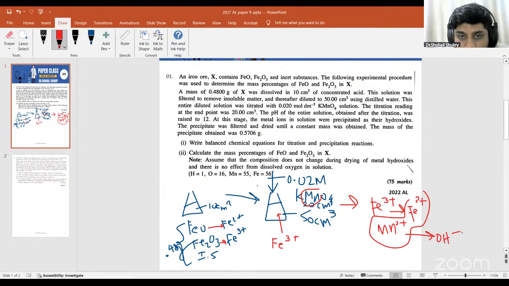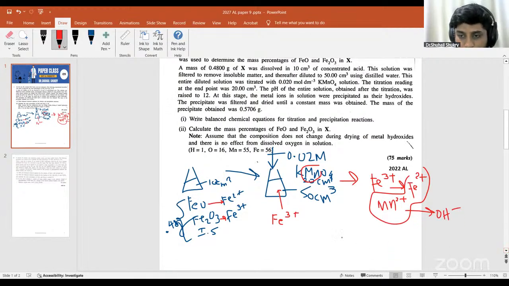Right? The mass of the precipitate obtained was 0.5706 gram. What is this mass? The mass of the precipitate obtained was 0.5706. Okay, this is manganese hydroxide and ferrous hydroxide.